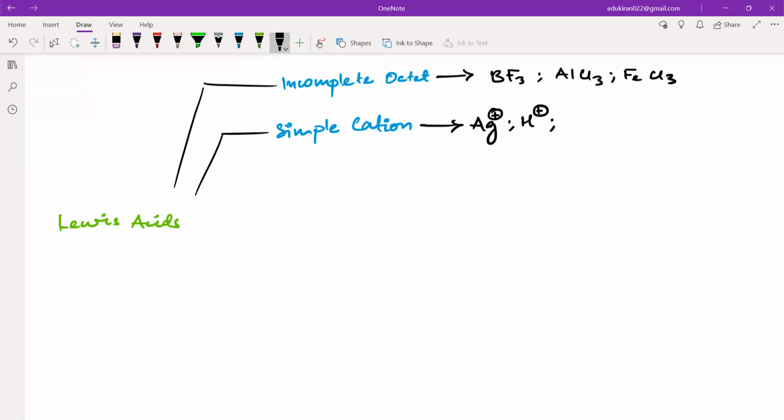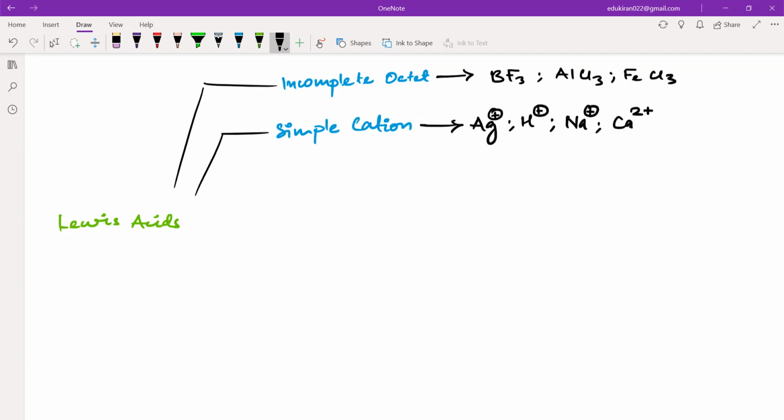But the alkali metals and the alkaline earth metals have a tendency to lose electrons, so they are more comfortable with a positive charge, compared with Ag positive, H positive and the cations of d block elements. So on the weaker end, I can write sodium positive. Yes, it is a Lewis acid, but it does not have as much tendency to accept electrons as H plus and Ag positive. Also, you can talk about Ca2 positive.